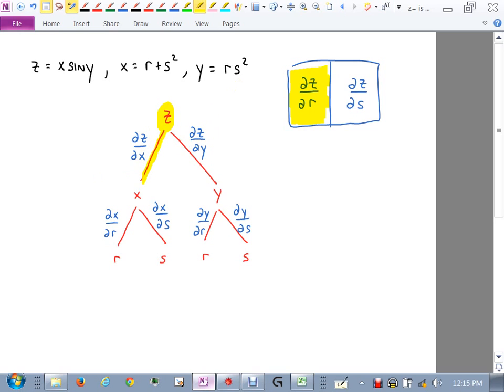Yes, I've got to go down here. That gets me to x, and then down here it leads me to r, but I don't go down this way. And then the other side, I come down and then come down. Multiply and add, correct. Down the branches you multiply. When you have multiple branches, you add.